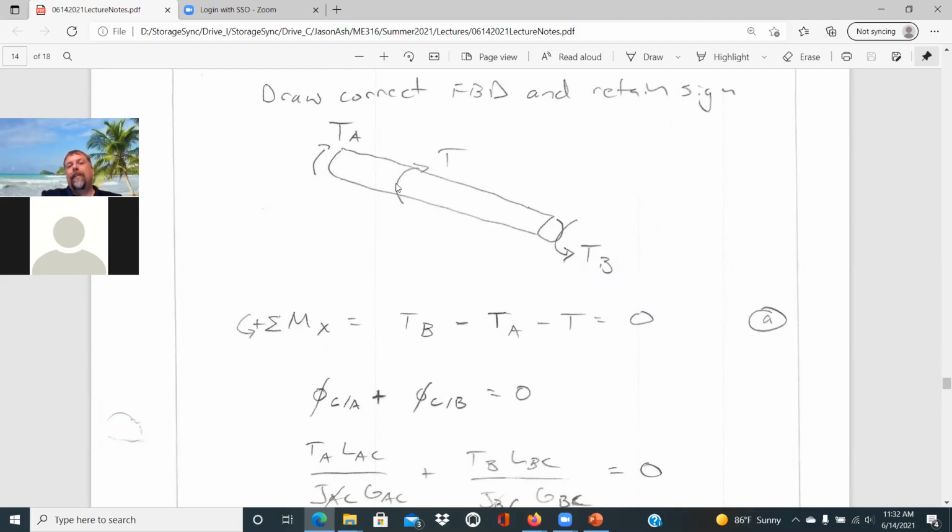If we were to look at this left-hand segment, a positive twist would be counterclockwise, and a negative twist would be clockwise in the direction of T. But if we look at the second segment, steel, and then bring our thumb out, the positive twist is in the direction of the torque.